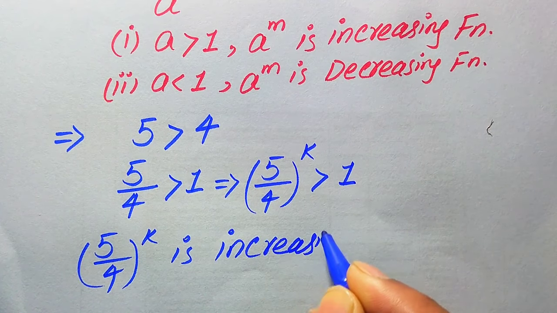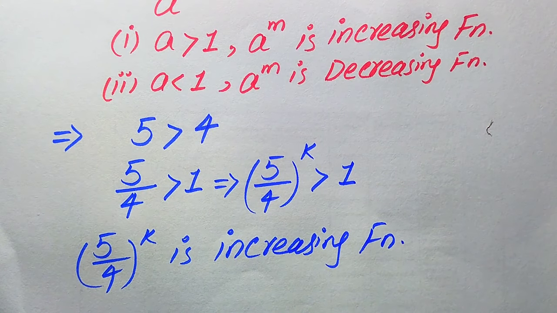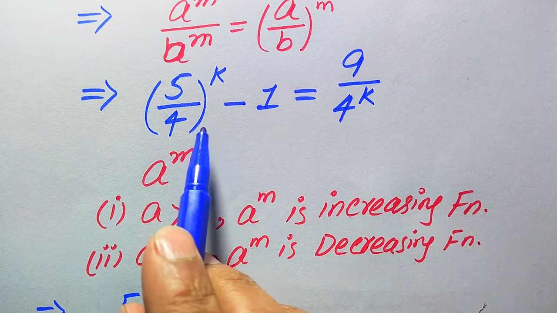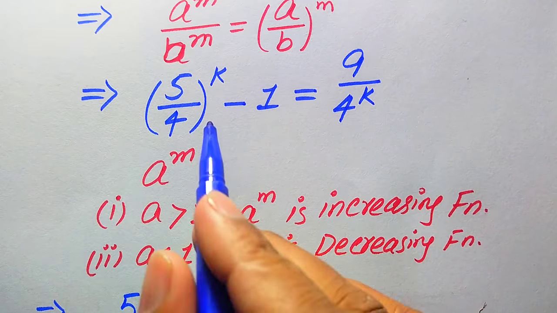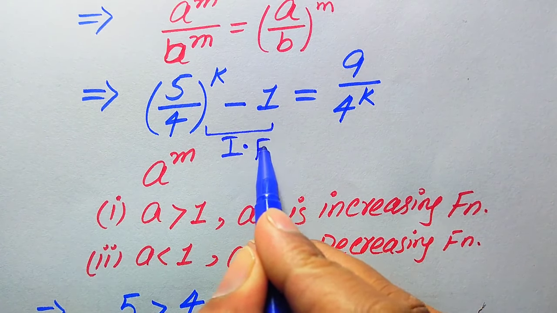In the same pattern we need to simplify the other side. If we subtract 1 from an increasing function, it remains an increasing function, so our left hand side is an increasing function.